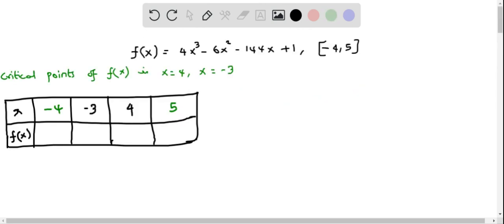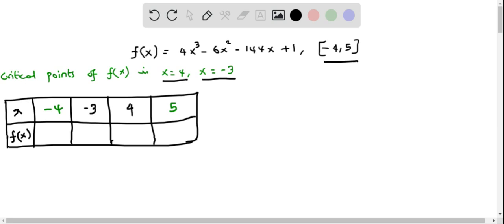Okay, now that we have determined the critical points of f of x, we should prepare a table like this, with the critical points as well as the endpoints, and we should include only those critical points which lie in the interval. Clearly x equal to 4 and x equal to negative 3, these two critical points lie in the interval negative 4 comma 5.